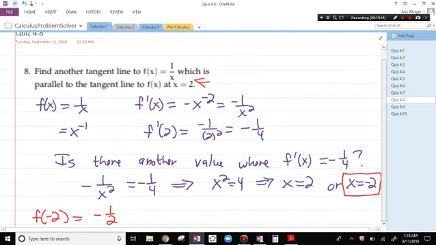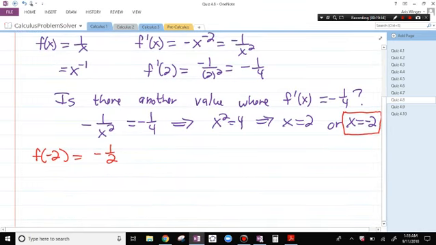Let's see if we have everything. I think we do. We have a point and a slope. We want the equation of the tangent line. It's y minus y1 equals m, which is the slope, negative 1/4, times x minus x1, in this case negative 2.